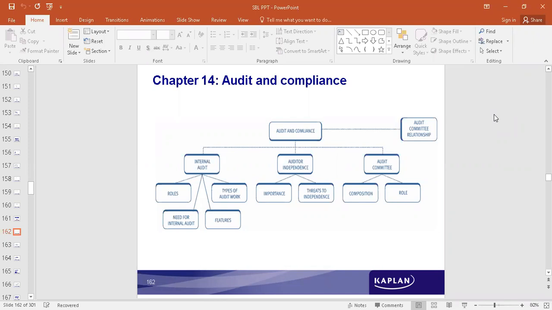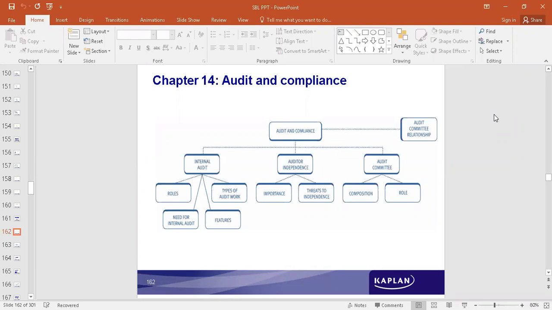Audit helps the internal control system. Audit identifies what is not appropriate. By the nature of its work, the internal audit helps in identifying that, and it helps the internal control system. So whenever we study internal control, we also touch on internal audit.